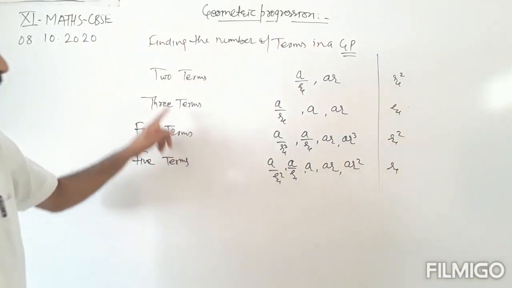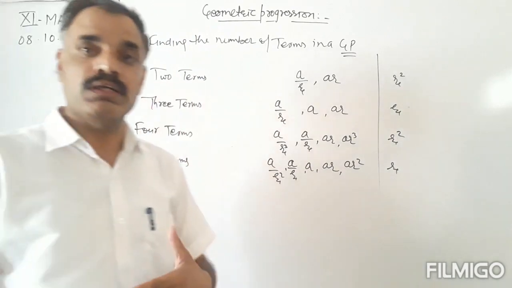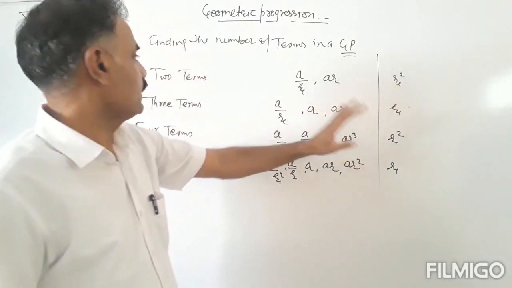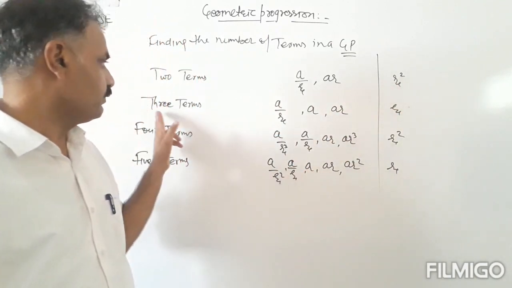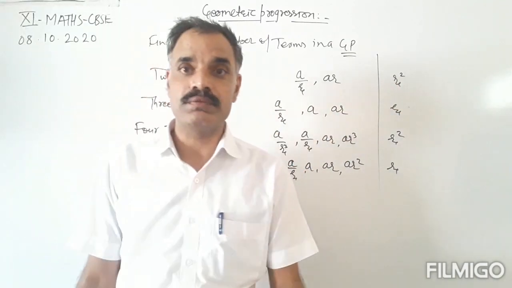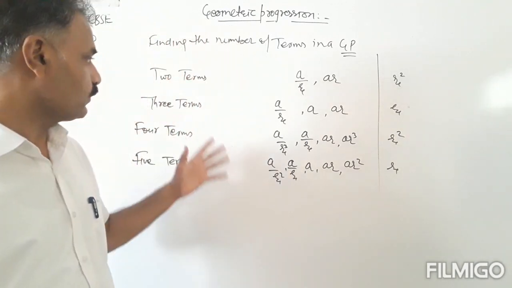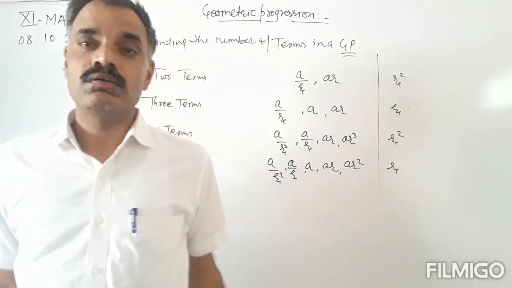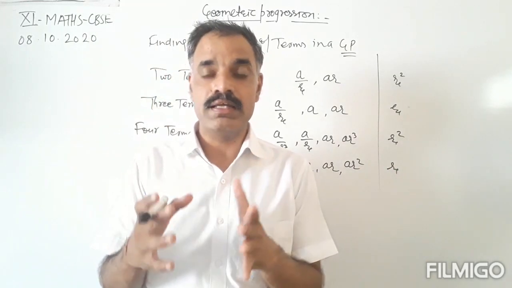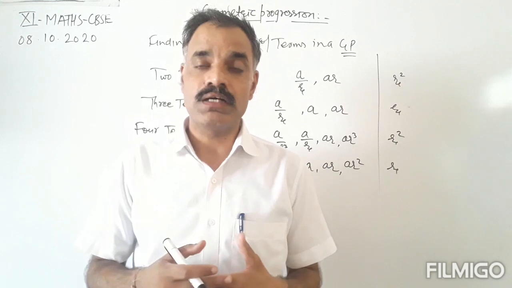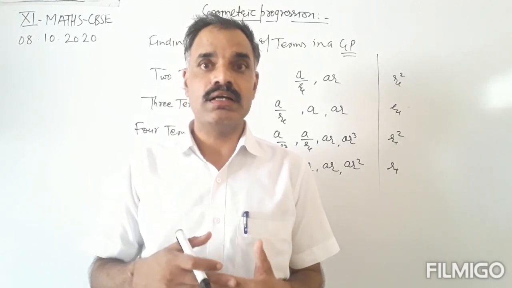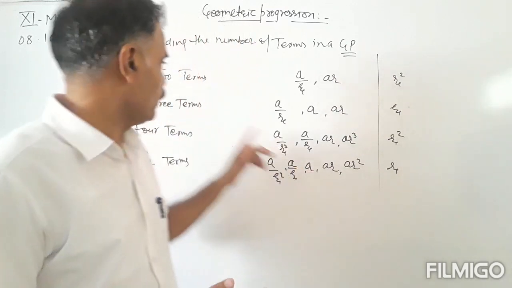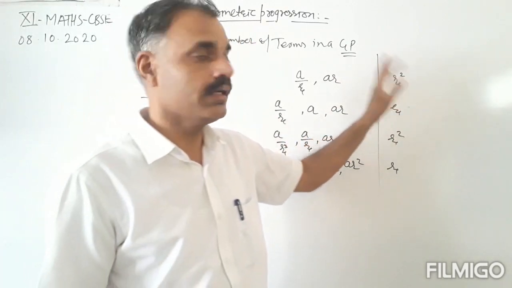So if we want to find an even number of terms, then the common ratio is r square. If we want to find an odd number of terms, then the common ratio is r. So whenever we are finding an even number of terms, the common ratio will be r square, and whenever we are finding an odd number of terms, the common ratio will be r.